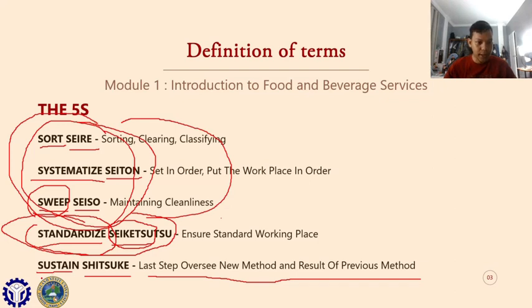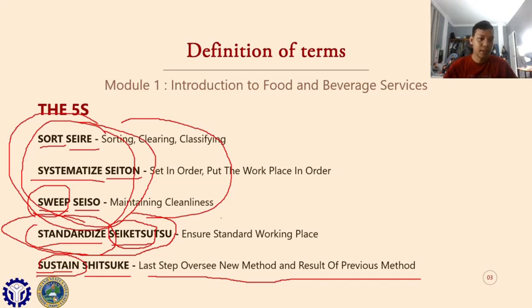And then the last one, it will sustain or it will just oversee. For example, if there's a problem that occurs in this 3S, the owner or the manager must take note of the problem that arises, and it will be helpful for the future meeting, and they will discuss it with the other managers, and they will ask what is the appropriate way to do or what is the best thing to do after having this kind of problem.